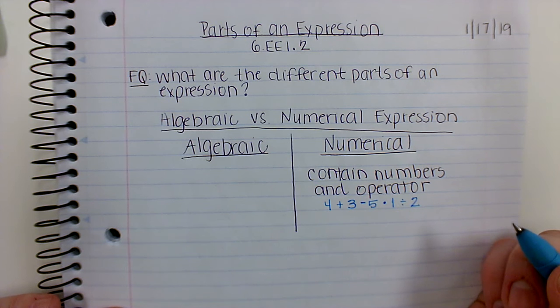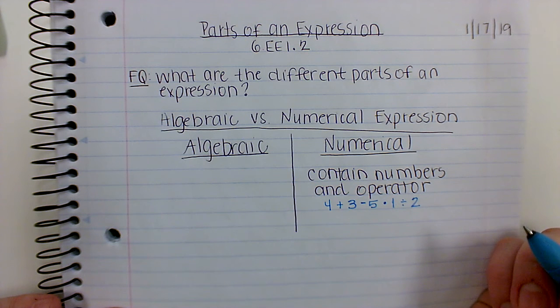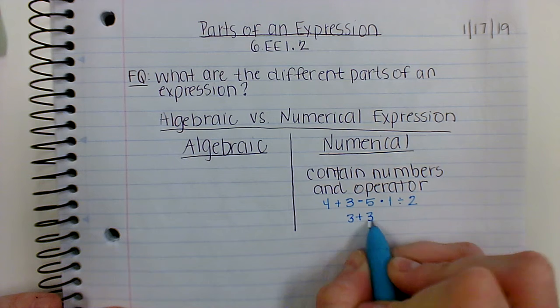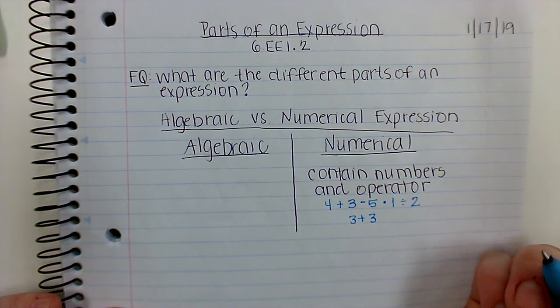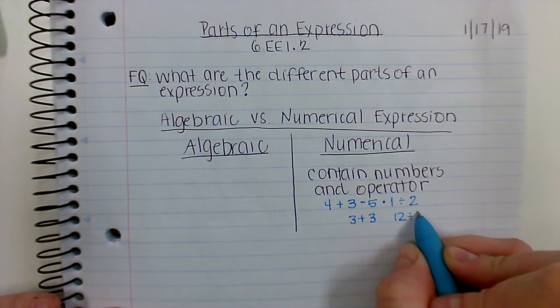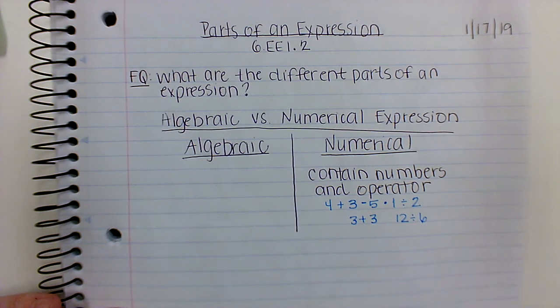Those are going to be numerical expressions. So for instance, 3 plus 3 is a numerical expression. 12 divided by 6 is a numerical expression.